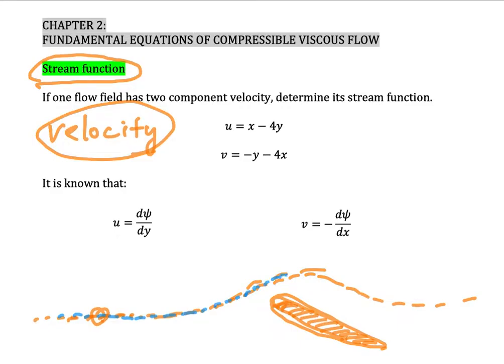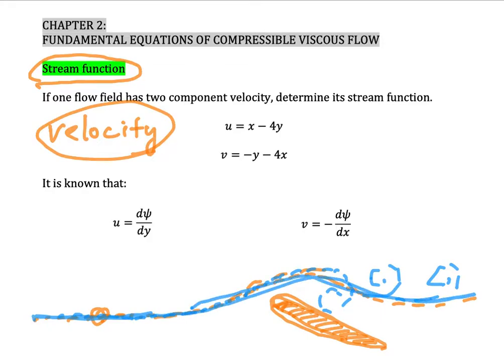The smoke will go like this, and then it will have a vortex here, and so on and so forth. Actually, this line is called a streamline. The word function here means we try to recreate the line by using a mathematical equation. That equation is called the stream function.